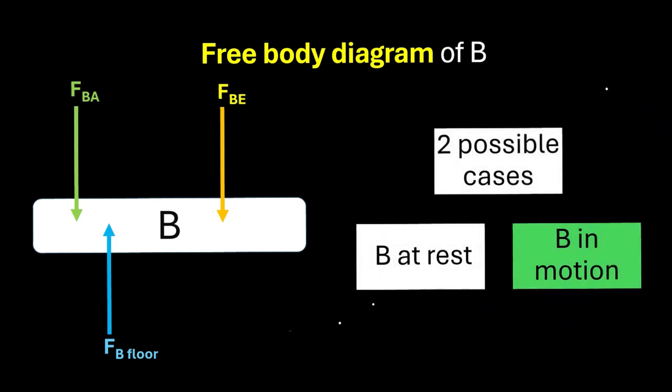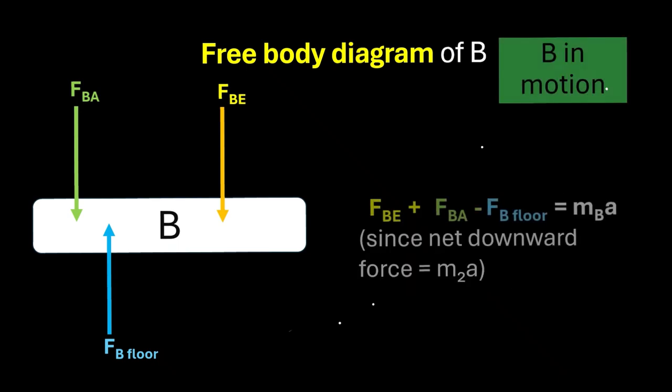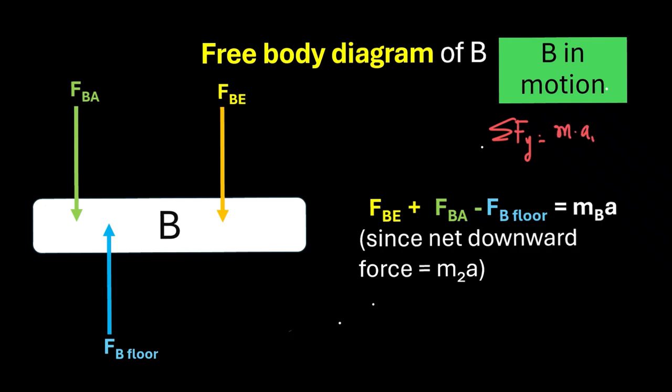But what about when B is in motion? Exactly like the one we have in this given problem. So when B is in motion, what we see is the sum of all the forces in the y direction will be equal to mass into acceleration in the y direction. Now, how do we find sigma Fy along the direction of motion? Since the body is moving along the negative y-axis, all forces along this would be considered positive, and all which are acting against would be considered negative.